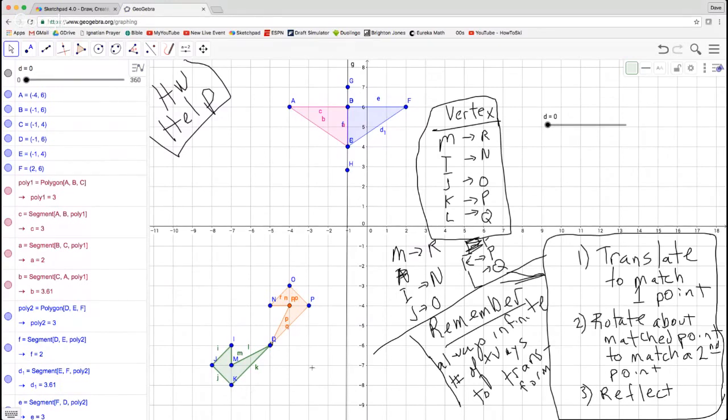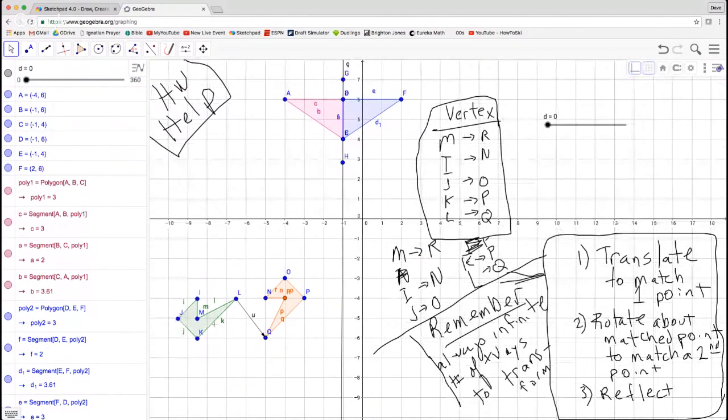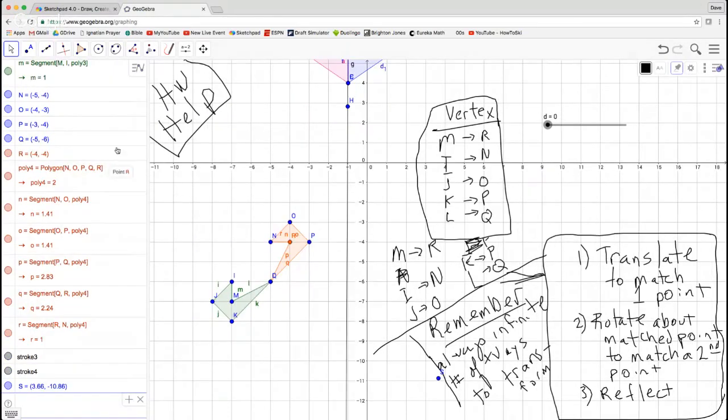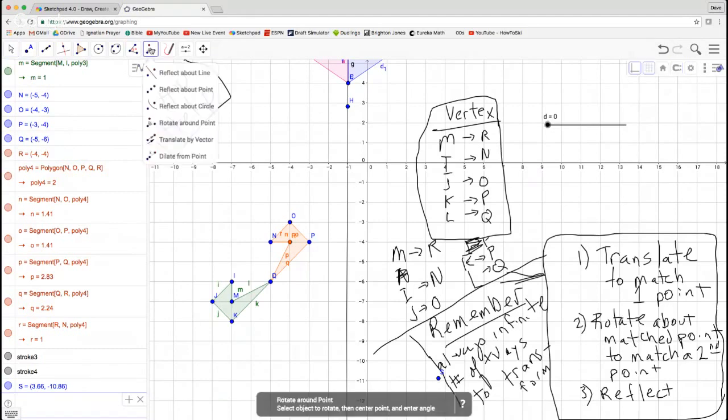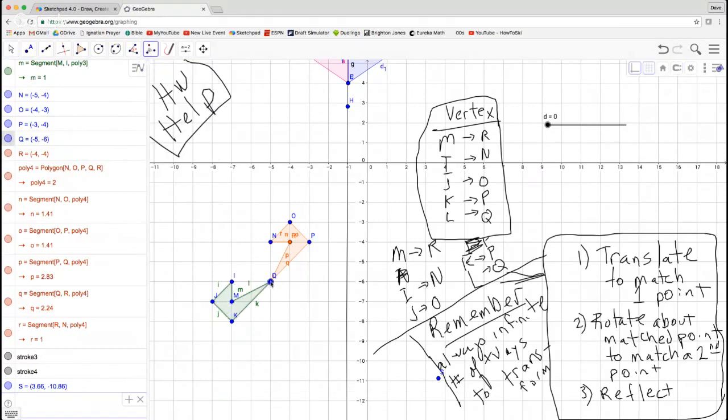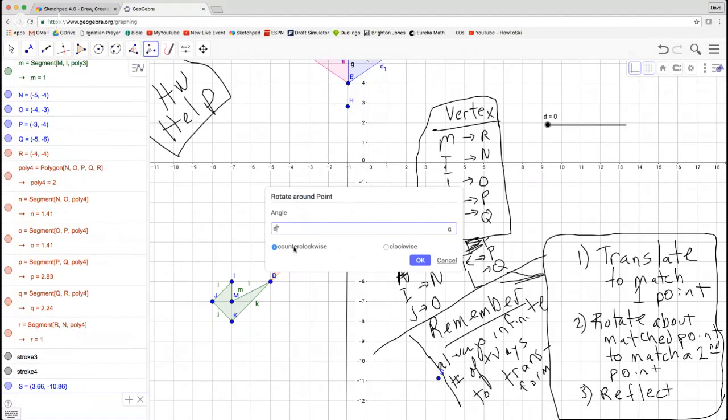Now remember, you are doing all this on transparency. You have taken this object that's over here, and you have just, with a little editing trick, rotate around point. There we go.